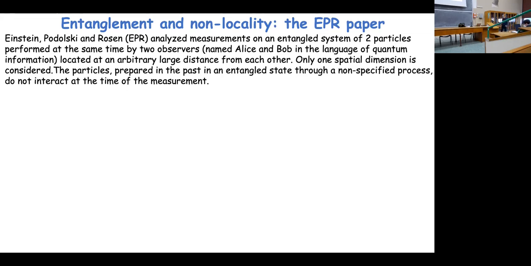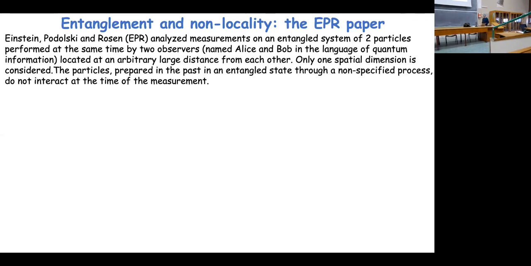And this discussion started a long time ago in 1935 with a famous paper by Einstein and his colleagues Podolsky and Rosen. So it's called the EPR paper, in which they discuss a situation of entanglement which led them to consider that quantum physics could not be complete. And we'll discuss this now.